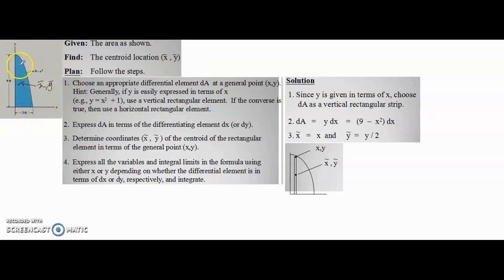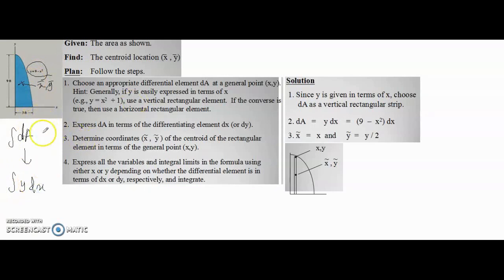Okay, if we integrate the equation here, let's say we do the integration of the area. So using dA, what is dA? dA is actually a function of y, and we integrate the function of y with the differential of x.